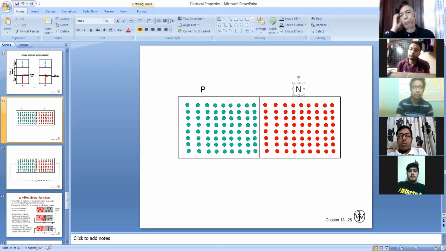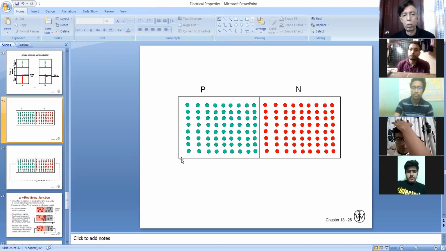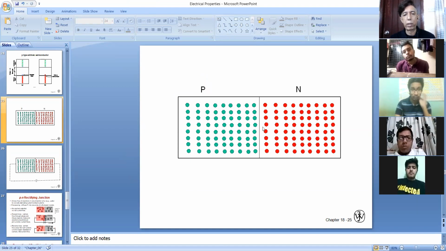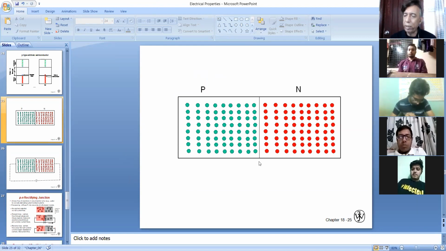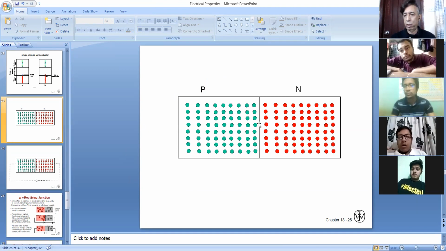We have attached a P-type semiconductor with an N-type semiconductor.